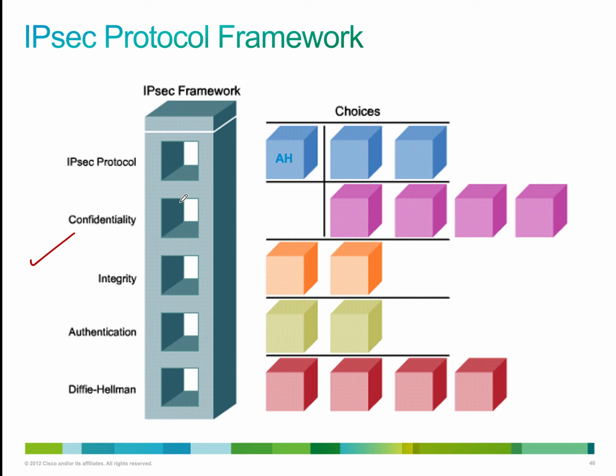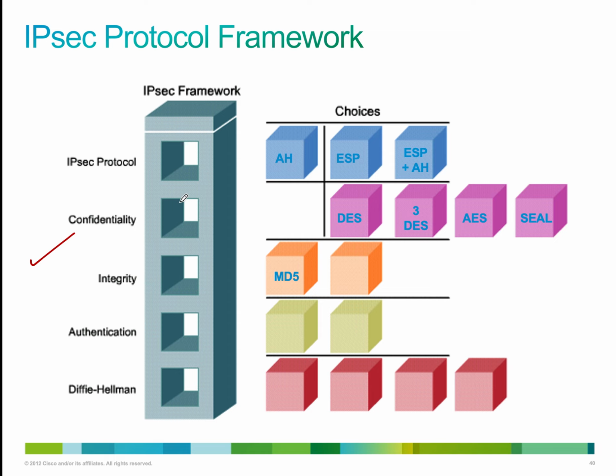What are the protocols that we use for the IPsec? We have AH protocol, ESP encapsulation. We have the ESP, and then we have the combination of both, ESP and AH as a protocol combined. Then for the confidentiality, we use the DES, 3DES, AES, and SEAL.